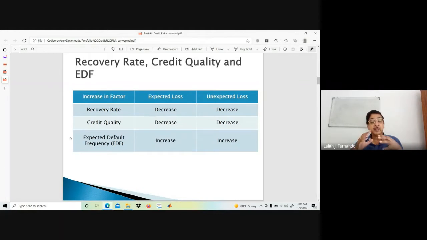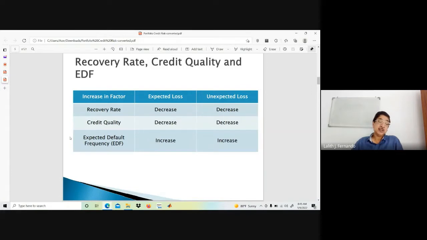That is why we are very careful with regard to migrations. What do you mean by a migration? Adverse migration is when your credit rating is changed to an adverse or inferior rating.